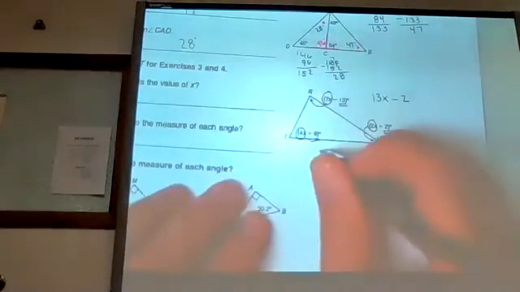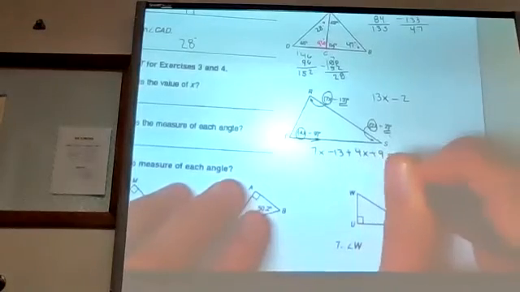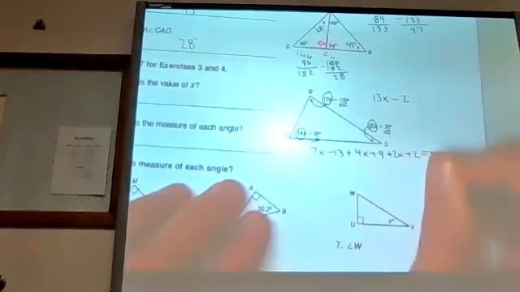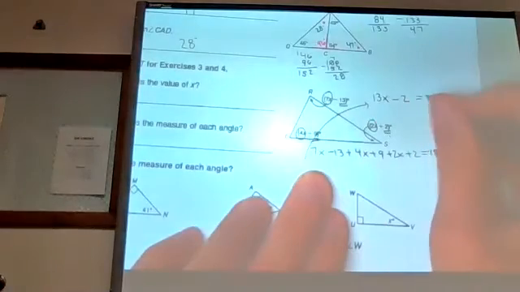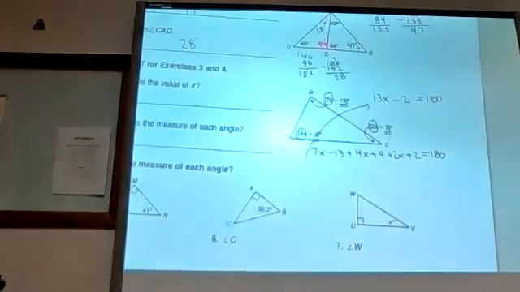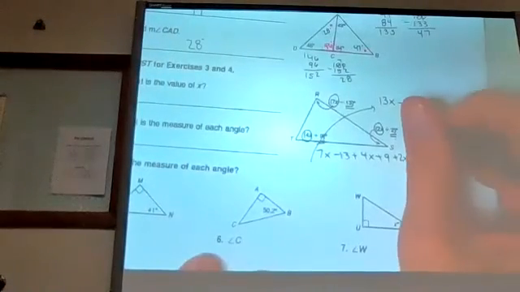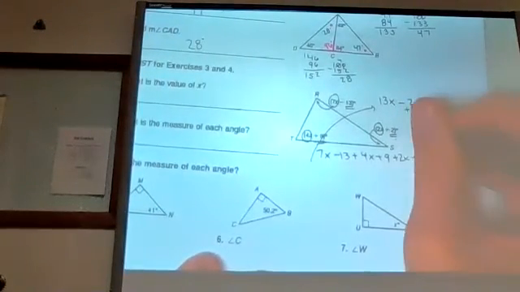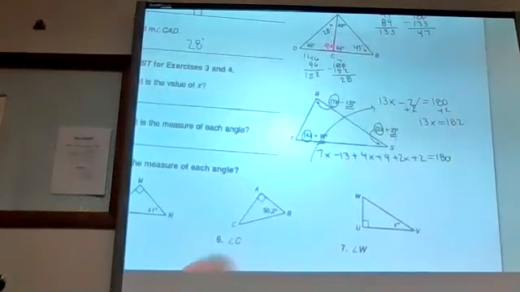You could have written it all out. I could have said 7x minus 13 plus 4x plus 9 plus 2x plus 2 equals 180. I just combined like terms as I went. So now add 2, and I get 13x equals 182.